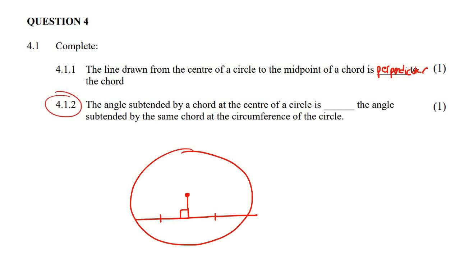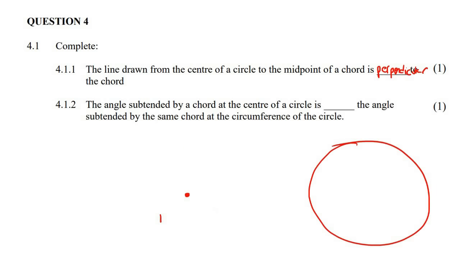Then this next one says the angle subtended by a chord at the center of a circle. Okay, let's draw what that means. So the angle subtended by a chord, so here's a chord, at the center of a circle, okay, there. So this angle here, which is at the center, is what? The angle subtended by the same chord at the circumference.